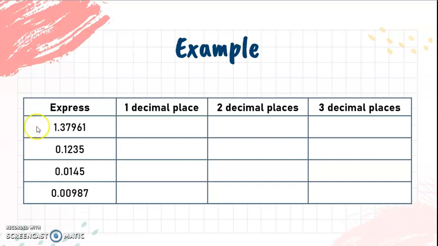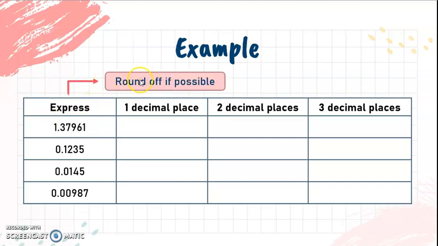express these four numbers to one decimal place, two decimal places, and three decimal places. So whenever you encounter the words express or correct to, you have to round off the number if possible. The first one, we have these numbers. Express to one decimal place, the answer is 1.4 because the digit after the decimal place is 3.